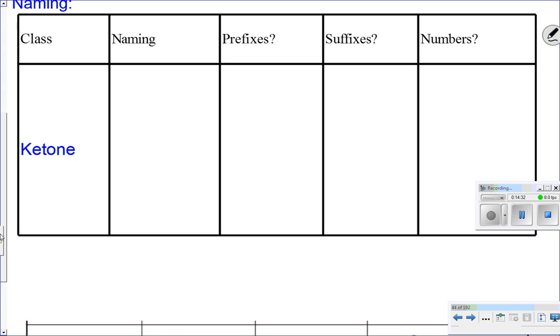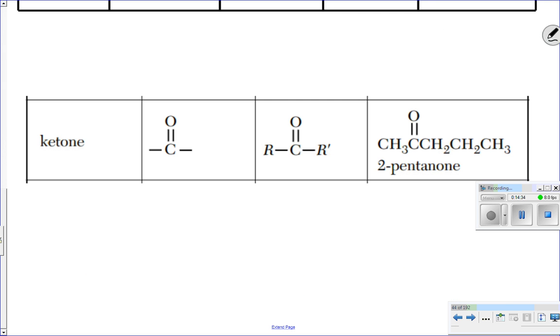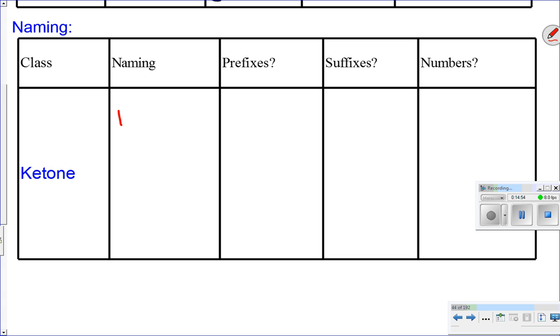When we're going to name ketones, if we simply look at our example down here, these are fairly straightforward to name as well. If we were to number these carbons, 1, 2, 3, 4, 5, that goes along with my prefix that I see right here, pent. Number 2 right here is indicative of where I've attached my oxygen double bond. So I'm going to first name the alkane chain. I'm going to second change my ending.